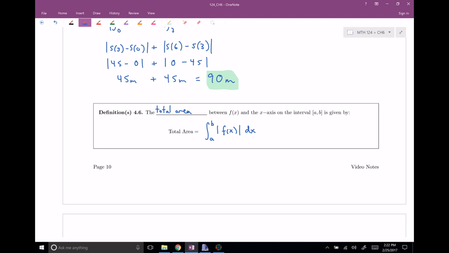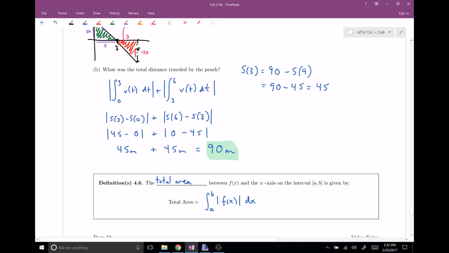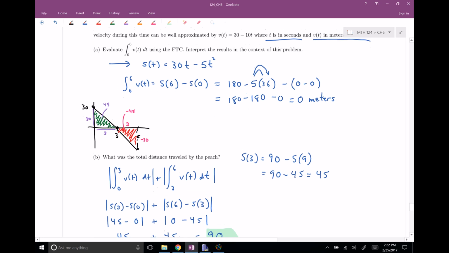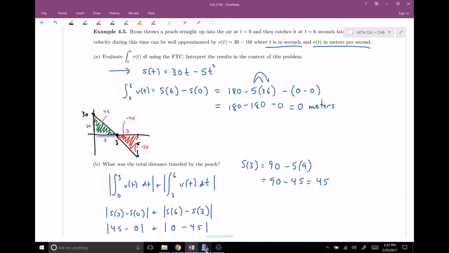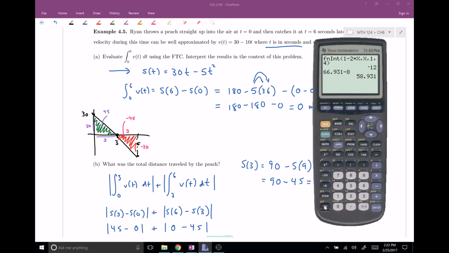Okay? So, in fact, this is one thing that our calculators can do pretty well. So let me go ahead and show you. If I was to do the same example here, pull out my calculator, and I'm going to do this fnInt. So let's do math. And I remember it's 9, and I'm going to do the function not just 30 minus 10t, right?